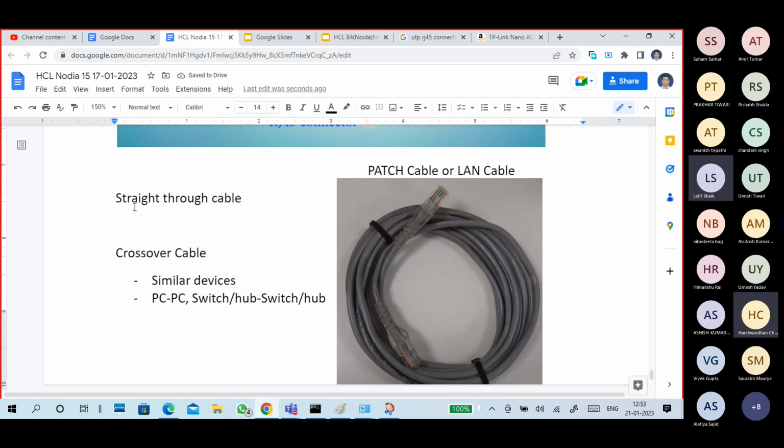Okay, what is a straight through cable? Different devices.